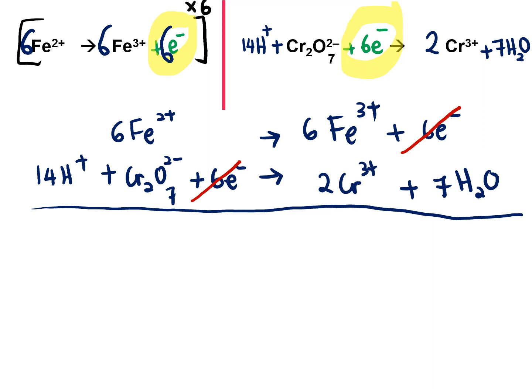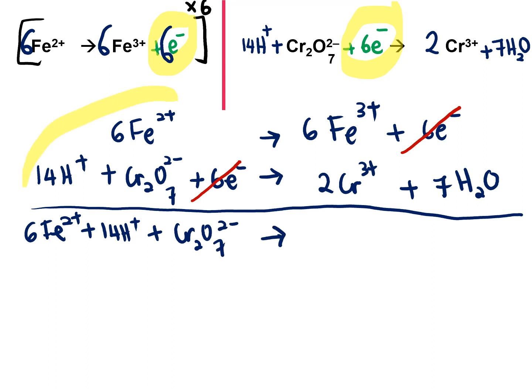Macam matematik awak, kalau di different side kita akan buat tolak. So, kita akan dapat final answer 6 mole of Fe2+ plus 14H+ plus Cr2O7 2- on the left side. Kita combine kan on the left side yang berbaki ni. Ni semua ni on the left side as the reactant. 6 electron dah cancel with the 6 electron kiri kanan.